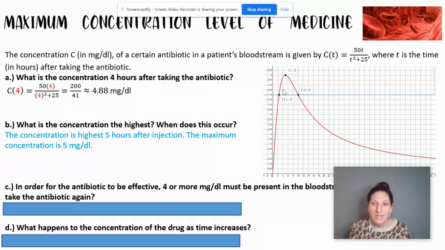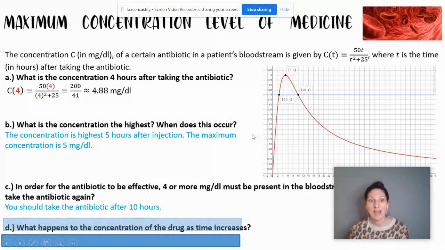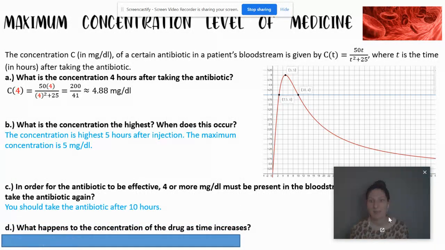But here, after 2.5 hours, you have 4 milligrams of that antibiotic in your bloodstream. After that, it increases, and then after 10 hours, it starts to decrease below 4 milligrams. So you'd say that after 10 hours, that's when you'd have to take more of that antibiotic.